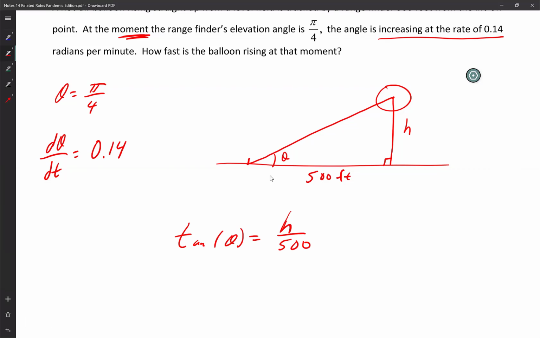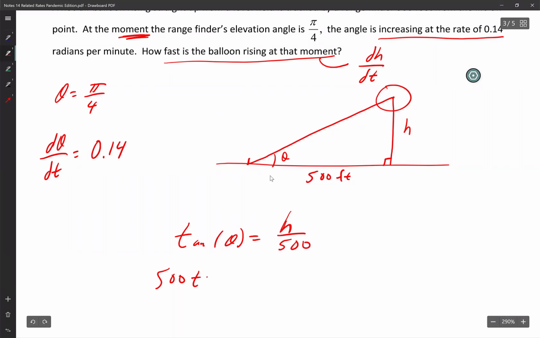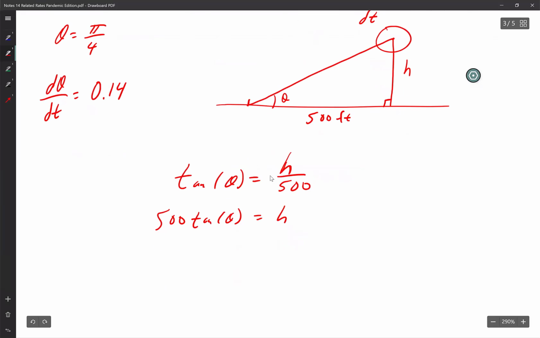They want to know how fast the balloon is rising, so that is dh dt. So I'm just going to multiply by 500, guys, to get the h by itself. I guess you don't technically have to, but I am. And then I'm going to rewrite it. I'm going to say h equals 500 tan theta.